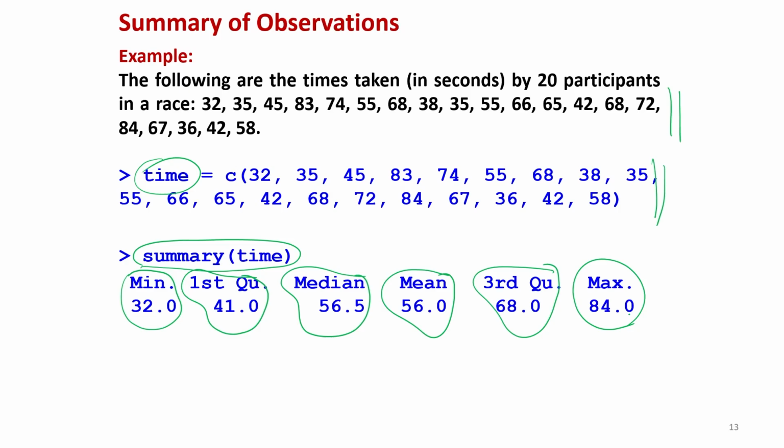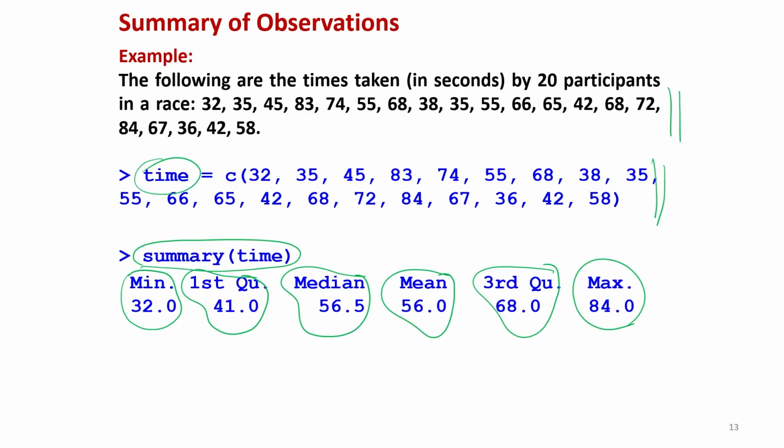So this is how you can compute these values at the same time, and they will give you an overview of the data. Later on you will see that by looking at these values you can derive different statistical properties, like whether the data is symmetric or skewed. We will discuss these aspects later on.